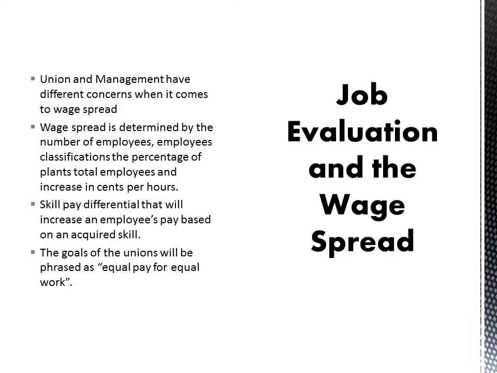Another consideration for wage spread would be the skills pay differential that will increase an employee's pay based on an acquired skill. The goals of the union will be phrased as quote unquote equal pay for equal work.